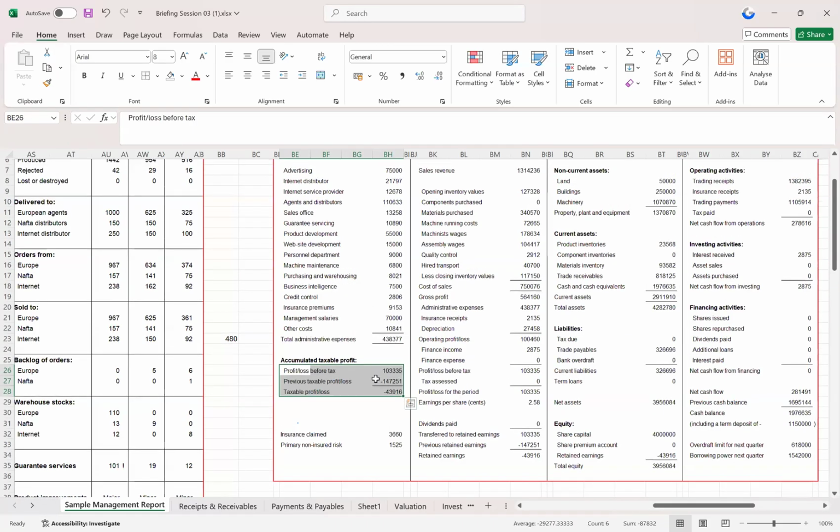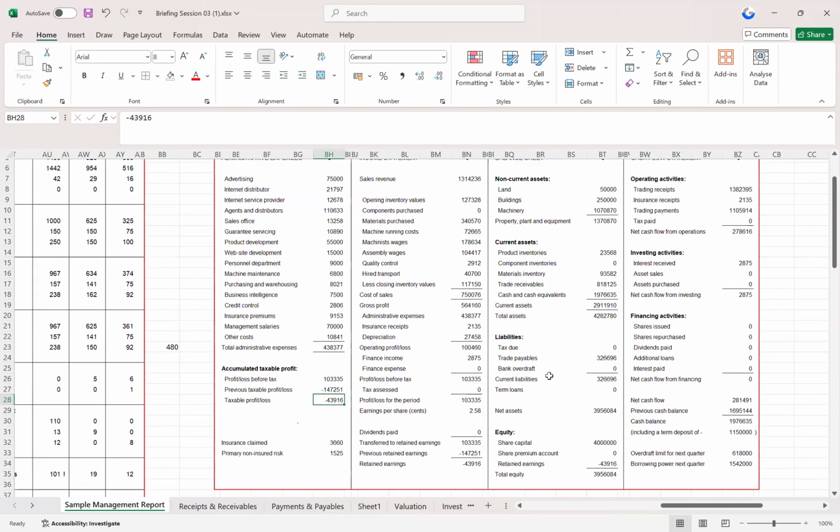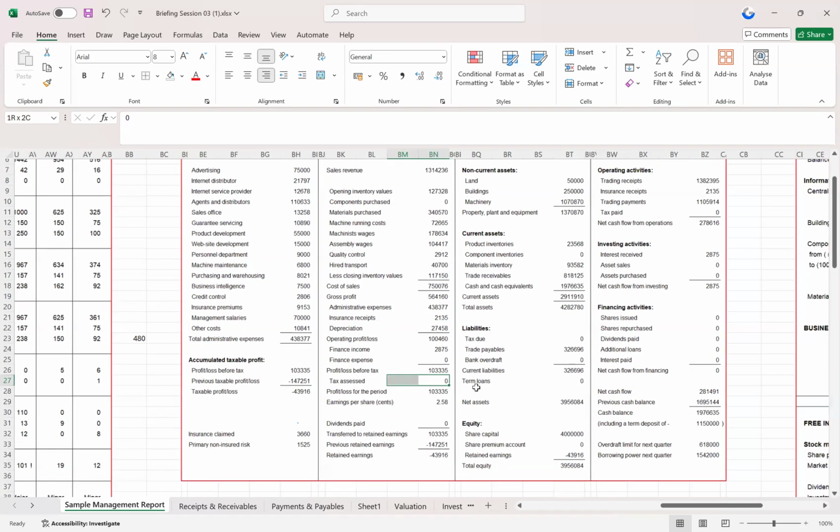If it becomes positive, then on this positive amount, 30% will be calculated as tax due amount in quarter four only. That 30% would come over here only in quarter four, because the tax is assessed only in quarter four of a financial year.